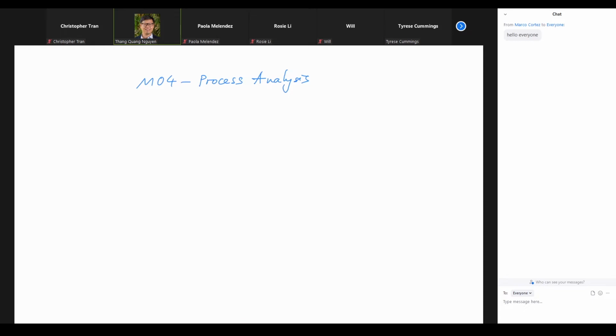And in this module, the big topic that we are at right now is level 3 analysis, right? What it means is we are looking at processes with multiple steps and multiple flow unit types, right?